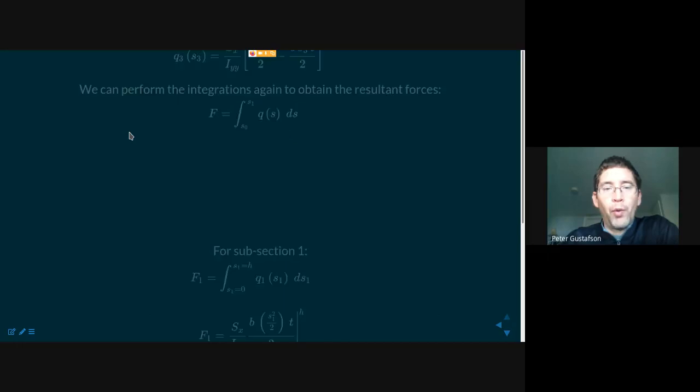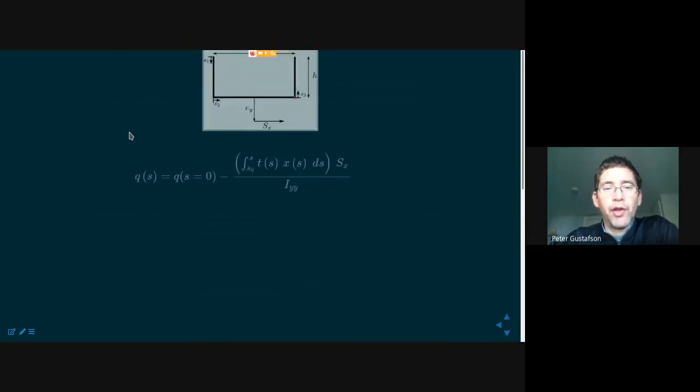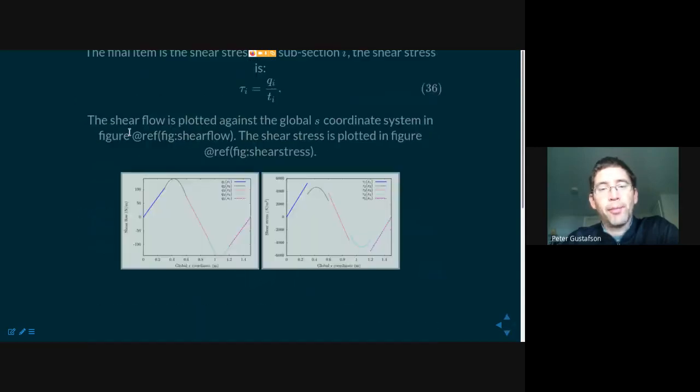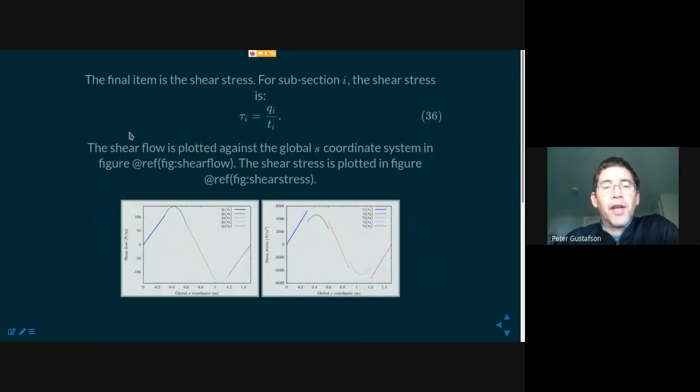Now, where we ended was this concept of the shear center. We said we were able to calculate the shear loads, the shear flows very specifically, and the shear stresses for any beam cross-section based on the assumption that the thickness of this wall was relatively thin.